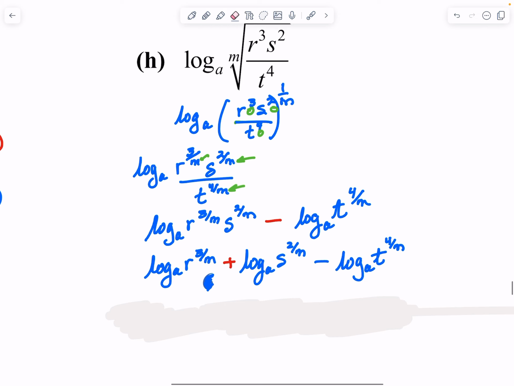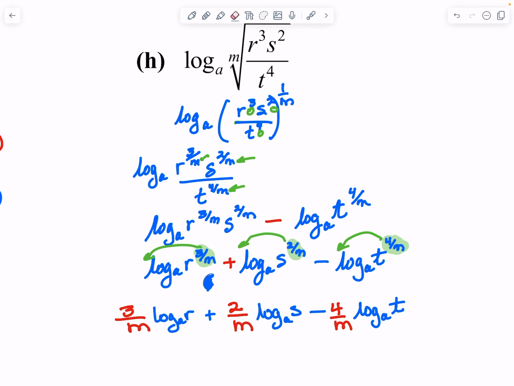My very last part is, of course, these exponents. You're not allowed to have exponents, so those all come to the front, and you're going to get a really weird answer. But you started with something really weird. So 3 over m times log base a of r plus 2 over m log base a of s minus 4 over m log base a of t.